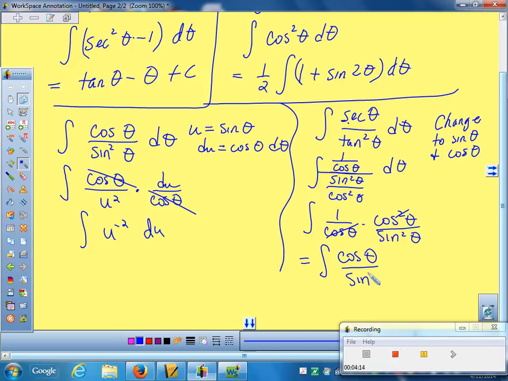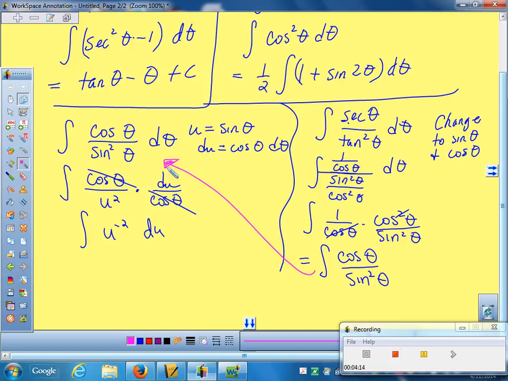Seen that anywhere before? Oh, that one. Once you get it to that point, you may do this. Now, I am okay with, if you get a problem that's secant over tangent squared, and you just flat know it's going to change into cosine over sine squared, you may just make that hop. You don't have to do all the trig in the middle if you don't want to.